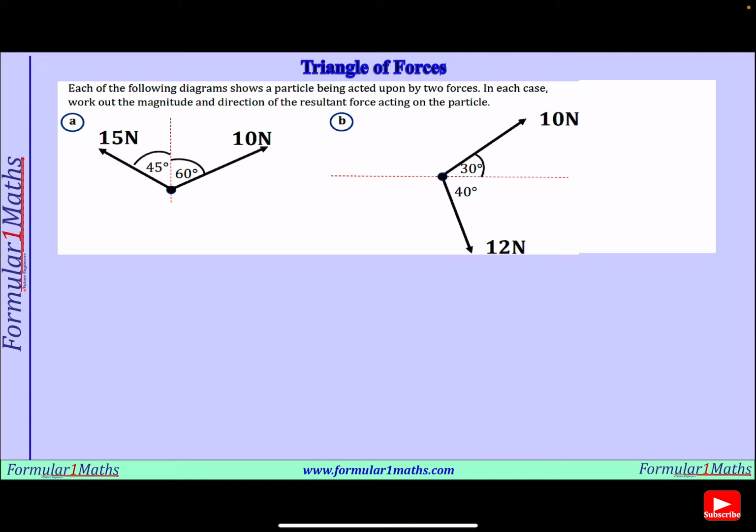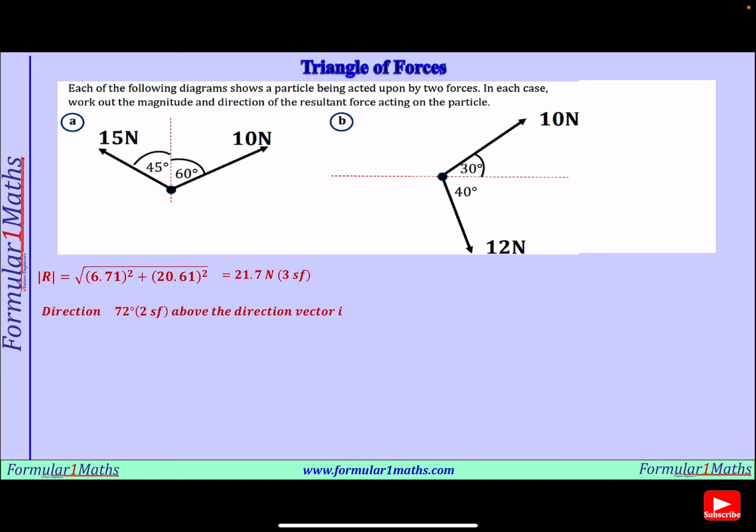So you recall that when we were solving this question, which is asking you to find the magnitude and direction of the resultant force, for A, we got a magnitude of 21.7 newtons.